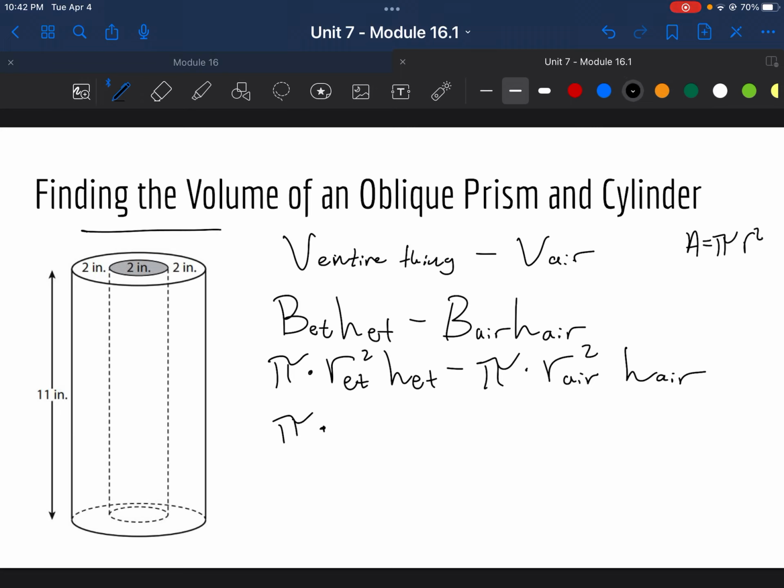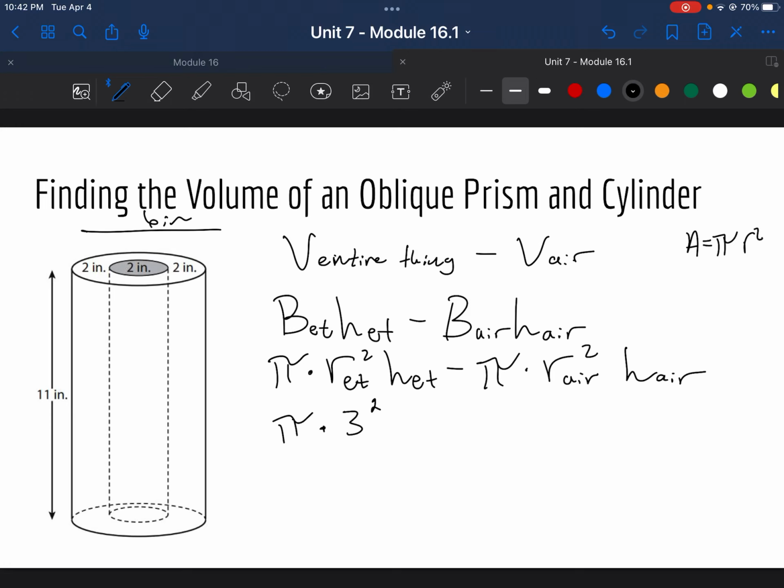From here all the way to here is going to be 6 inches. That's going to represent my diameter because we're going all the way across. What we learned in the past is that my radius is half of my diameter. So half of the diameter of the entire thing is going to be 3.